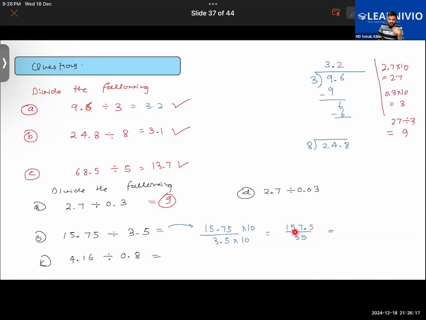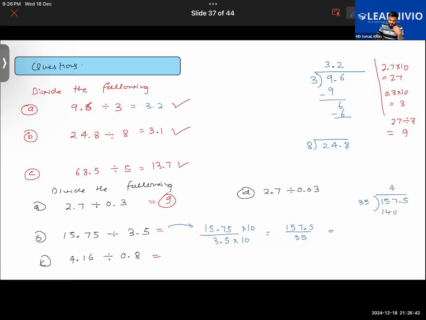Okay, now from here on you continue the division. It's 157.5. See, earlier we had two decimal numbers. Now we have a decimal and a whole number. So how much is 35 fives? 35 fours are 140.